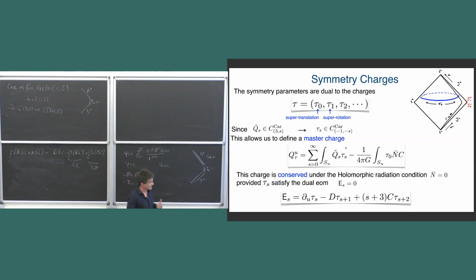And what you can prove is that if you demand that these charges are conserved when there's no holomorphic radiation, it gives you a unique equation of motion for this symmetry parameter. So the new thing compared to the usual notion of symmetry is that in this asymptotic symmetry business, you have to think that the symmetry parameter is also part of the phase space, in fact. That's why we're struggling to understand it properly.